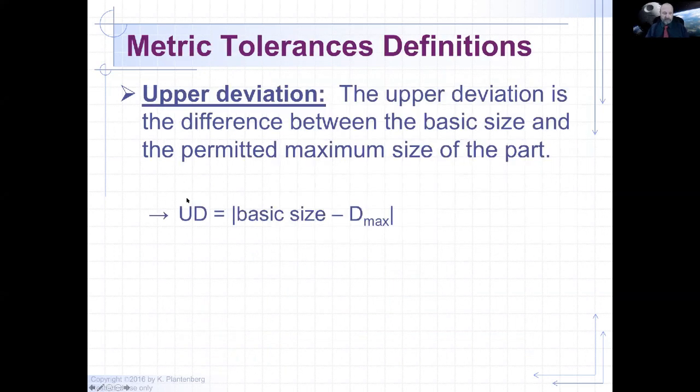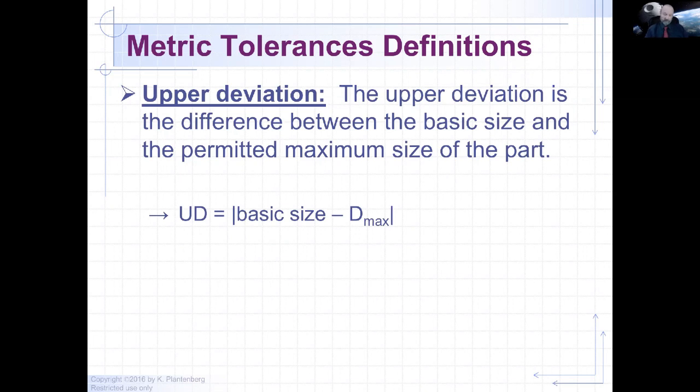This should be review, but now we've got this new definition, right? This is called the upper deviation. Okay, so that's kind of a weird way to think about it, but it'll make sense when we talk about applying it to various cases. So the upper deviation is basically just the basic size and the maximum deviation allowed.